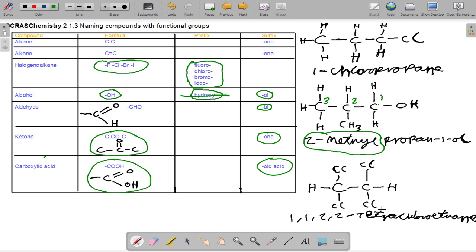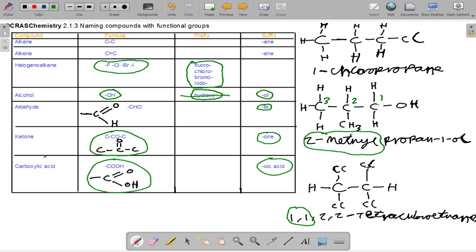Now, if we look at 1,1,2,2 tetrachloroethane, if you have multiple atoms of the same on the same carbon group, then you just write down which carbon each atom is on twice in this case. So 1,1 means I've got 2 chlorine on carbon 1.